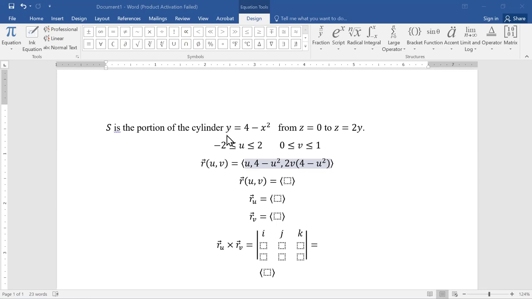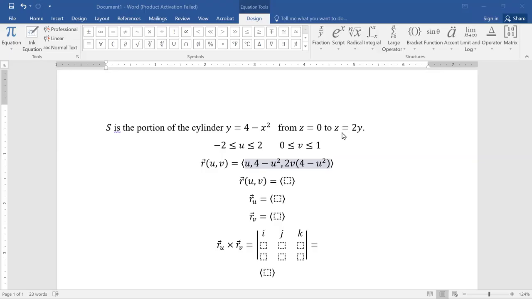This is the portion of y equals 4 minus x squared. So u went from -2 to +2, where x was equal to u. Y, since it is equal to 4 minus x squared always, we go 4 minus u squared in for my y. And z goes from 0 up to 2y. So with a v value of 0, we should get a 0.